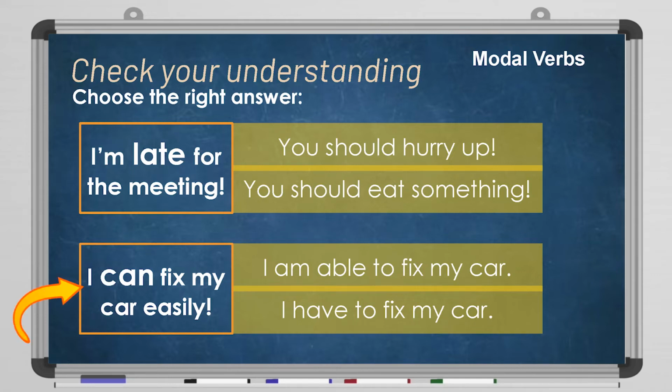The second sentence is, I can fix my car easily. How do I express it? I am able to fix my car. Will I have to fix my car? So choose which one is the correct or the right answer.